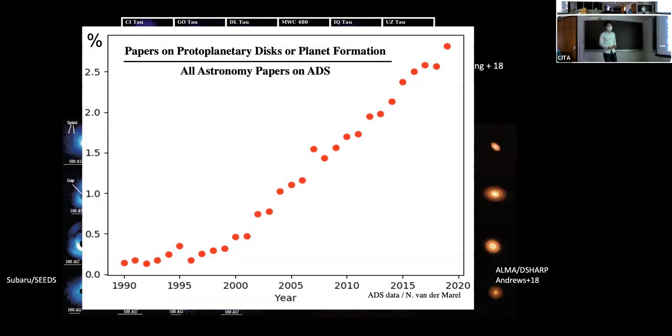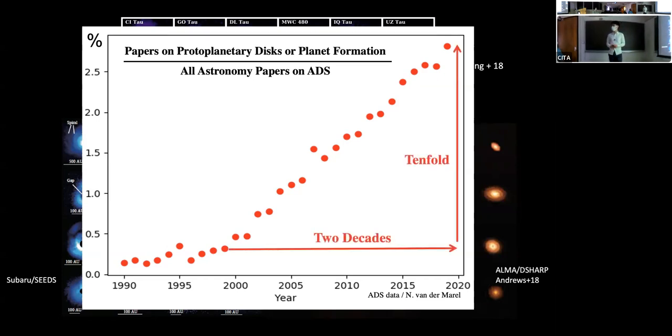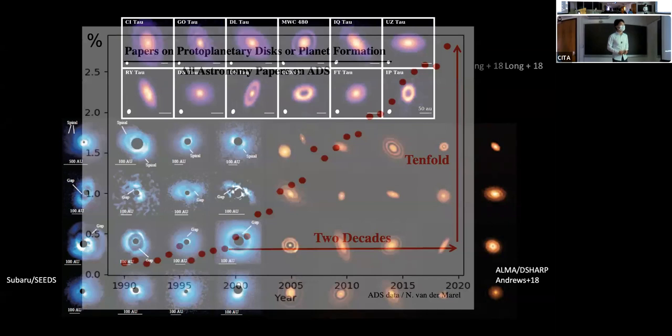This is probably mostly theoretical work. Since 2000, the number took off, and we're looking at a 10-fold explosion in the past 2 decades. This is largely driven by observation, and particularly resolved observation of disks. Today, roughly 1 in every 30 papers in astronomy is on planet formation and protoplanetary disks.